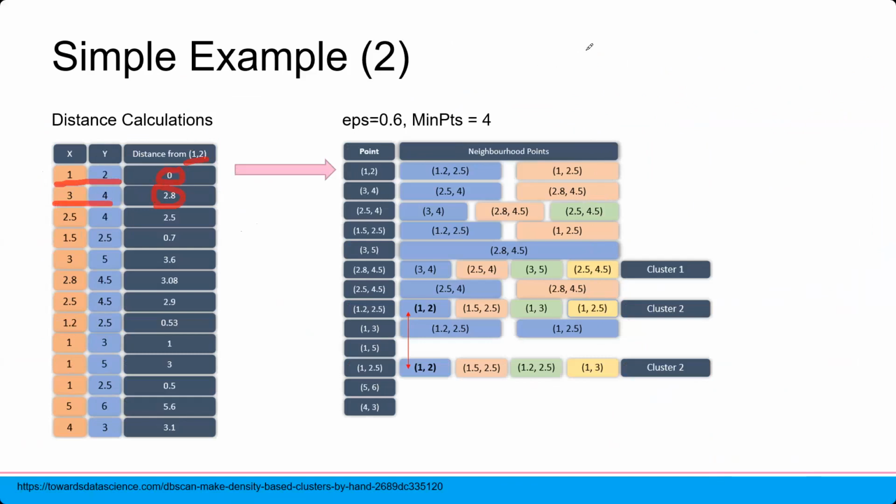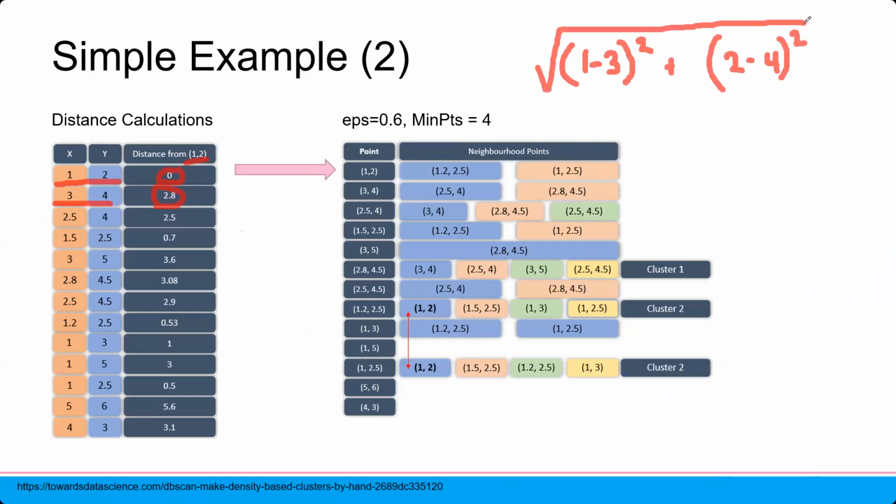So it is 1 minus 3 power of 2 plus 2 minus 4 power of 2, and we need to do the square root.